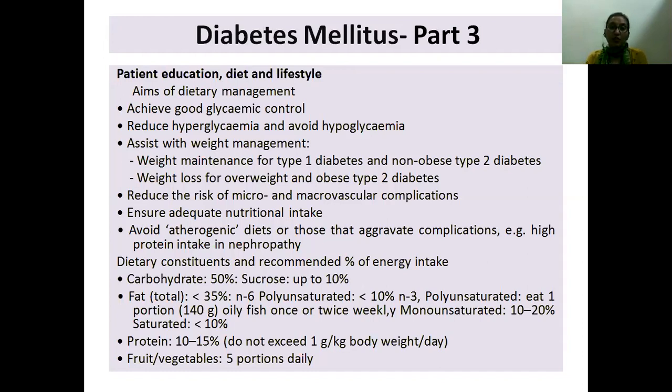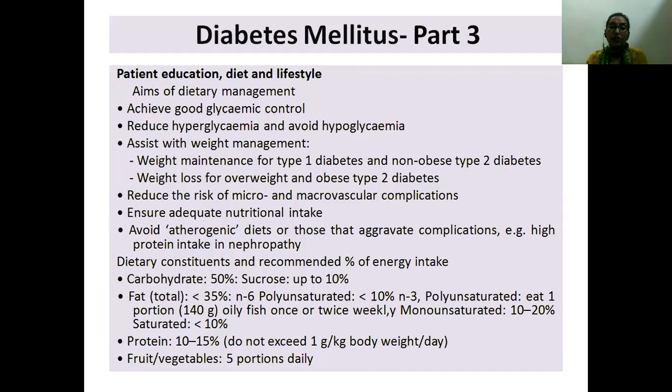Treatment should also reduce both micro and macrovascular complications and ensure adequate nutritional intake. The patient has to avoid atherogenic diets and those that aggravate complications, for example, high protein intake in nephropathy.